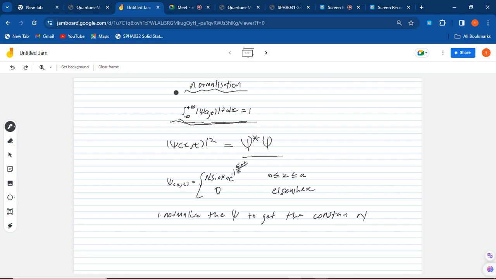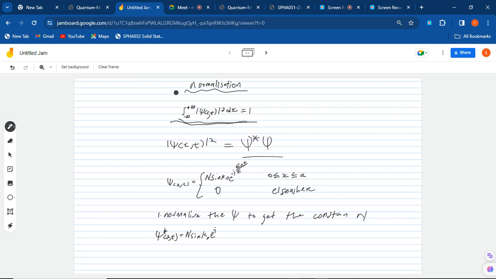The complex conjugate of the wave function ψ(x,t) is equal to N sin(k_n x) e to the i E_n t over ħ.